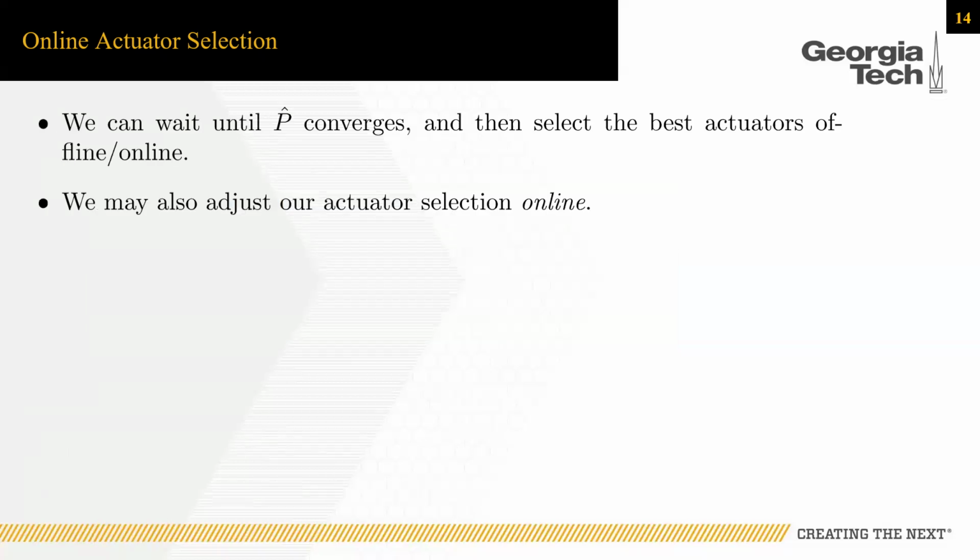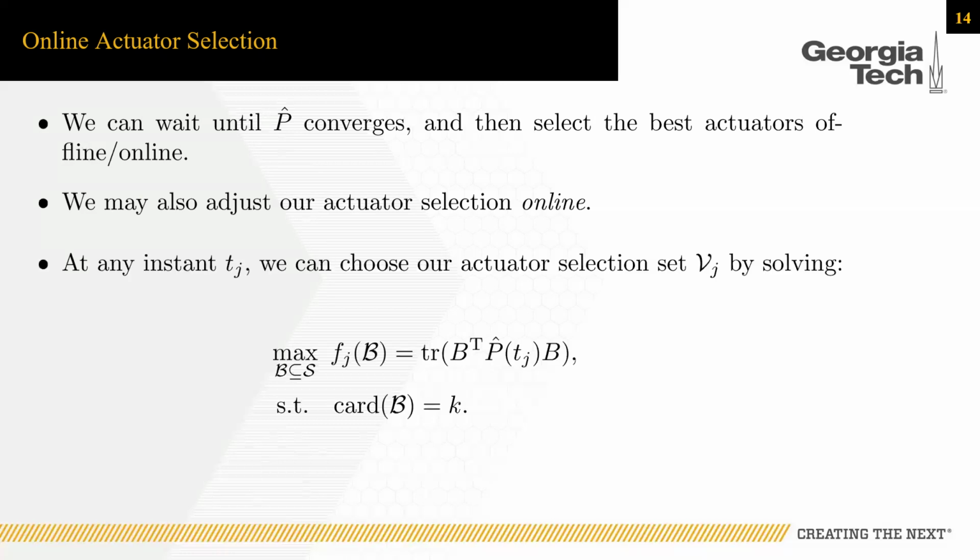Okay, so what happens now is I wait until my P hat converges, okay? And then I select the best actuators, and I can do that online or offline. You'll see in a bit, okay? But of course, the most interesting thing is when you adjust your actuators online. That's what I will talk about. So at any time instant t_j that you see over there, I pick the set V_j by solving this maximization here, okay?